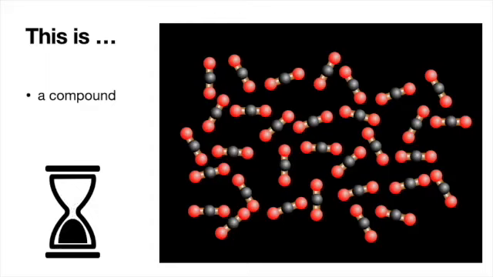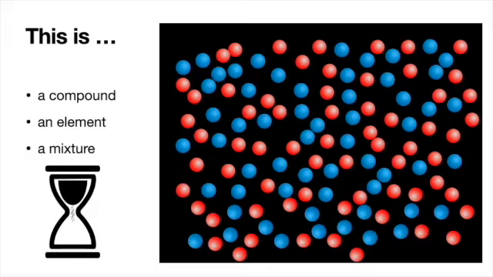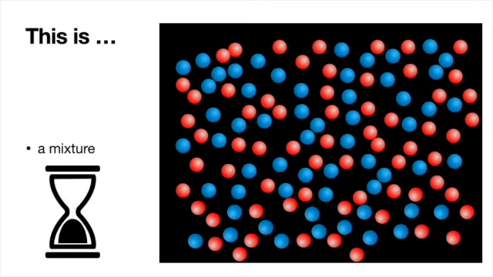This substance is a compound. This compound contains molecules, and each molecule contains atoms of two different types. This substance is a mixture.